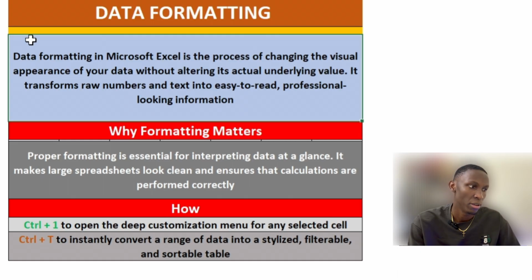It transforms raw numbers and text into easy to read, professional looking information. What we mean by this is that if you have your spreadsheet with messy data, no one can understand it, so you need to format it so that it looks professional and easy to read.